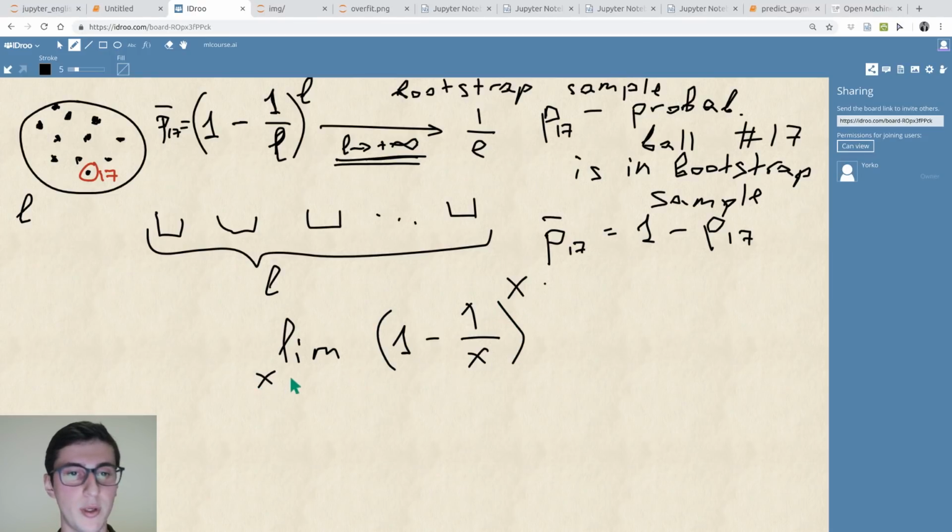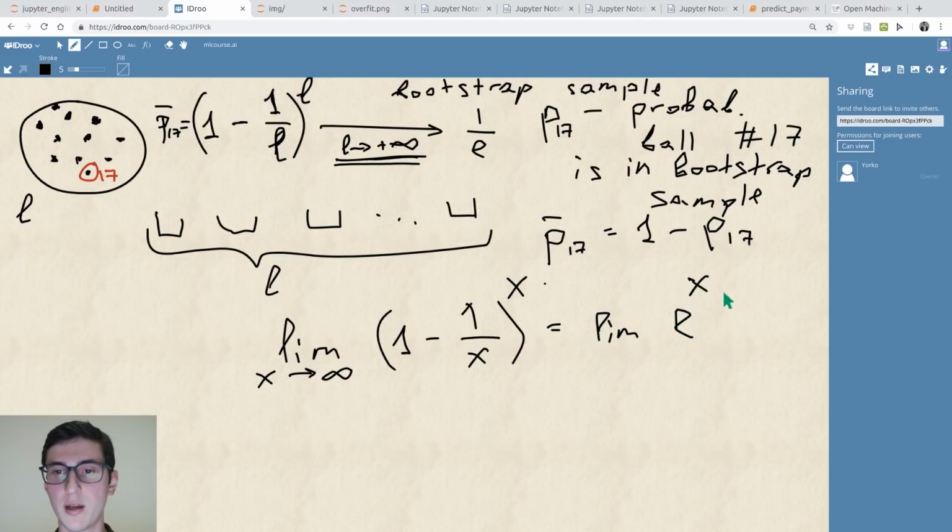What happens if x approaches infinity? This expression is the very same as e to the power of x times the logarithm of 1 minus 1/x.